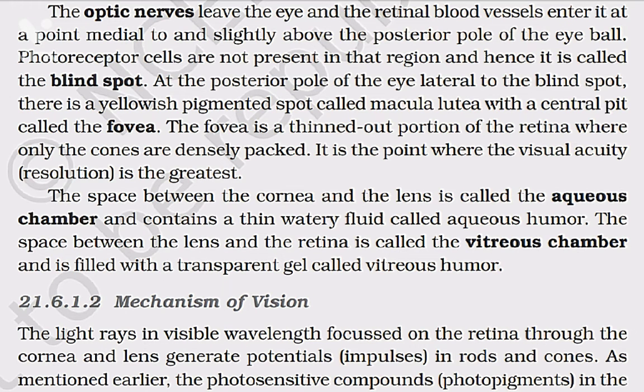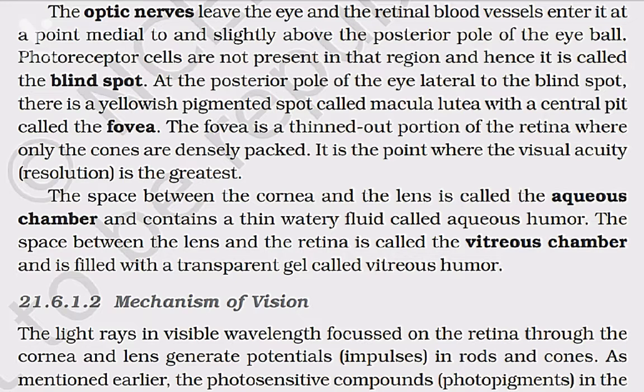The optic nerves leave the eye and the retinal blood vessels enter it at a point medial to and slightly above the posterior pole of the eyeball. Photoreceptor cells are not present in that region, and hence it is called a blind spot.